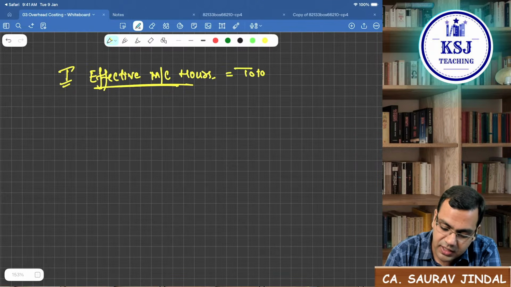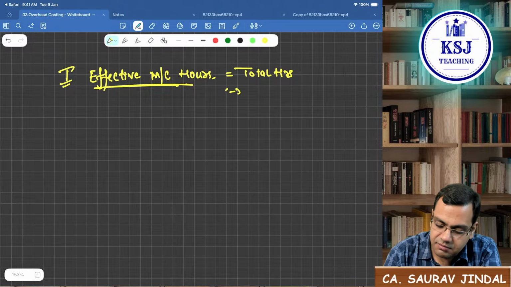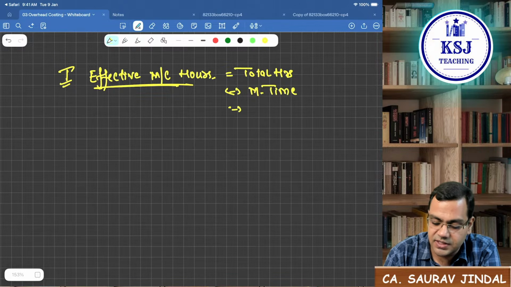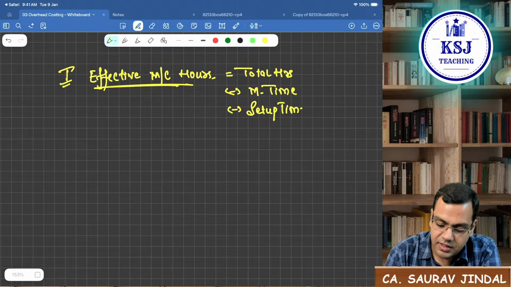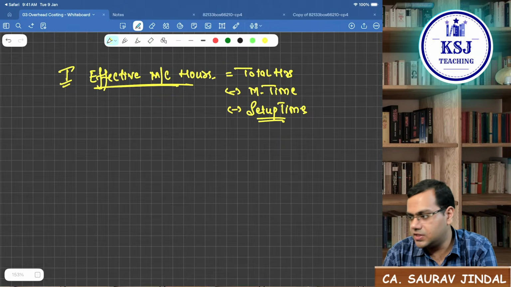That is total hours minus maintenance time, minus, if the setup time is also unproductive, minus setup time. This will always be your first step.